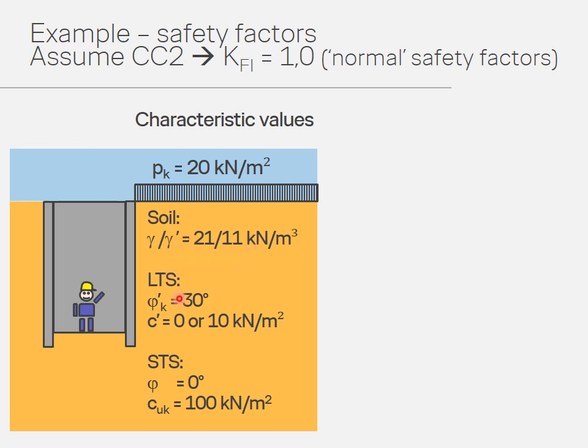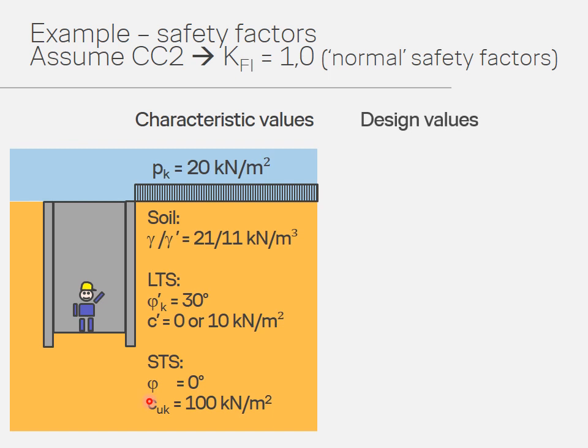We have an effective weight of 11 kilonewton per cubic meter. We have long-term state parameters, effective friction angle 30 degrees, and then C prime, the effective cohesion, of either 0 or 10 kilonewton per square meter. For use in the short-term state analysis, we have a friction angle of 0 and an undrained shear strength of 100 kilonewton per square meter.